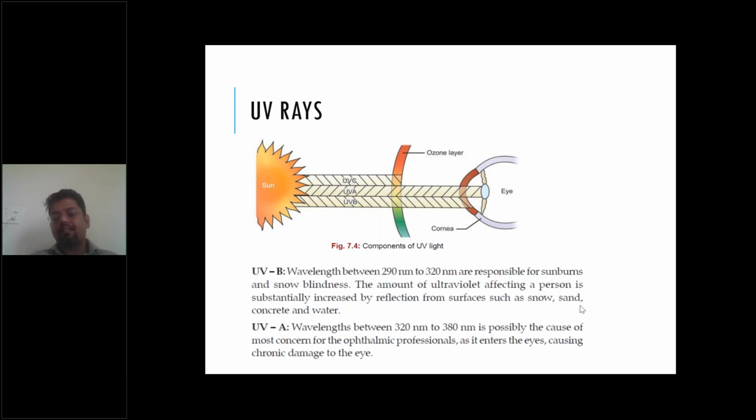Even CR39 has very good impact resistance, but polycarbonate is a stronger, denser material, so it will not break very quickly. You have to apply a much heavier force to break it.